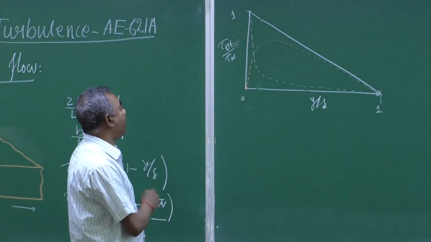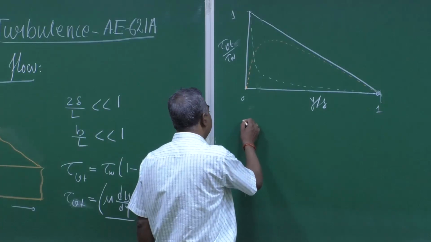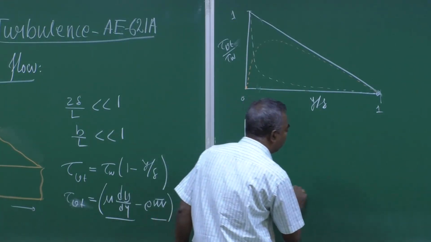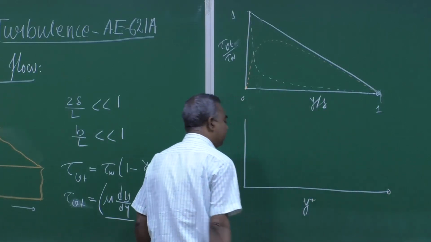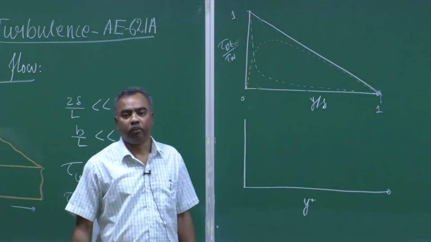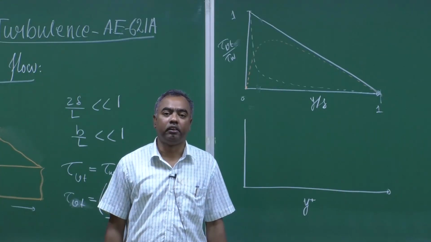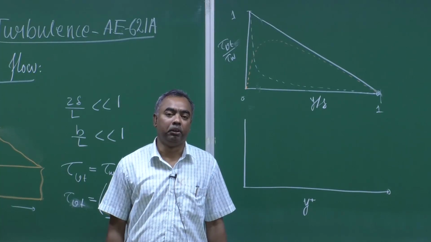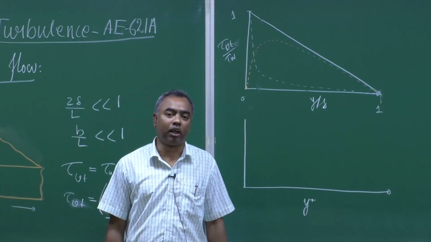Now, this is in y by delta scaling. Now, if we plot this same thing with respect to our inner scaling, okay. Inner scaling means, as we said in the last class, since the near wall activities are dominated by viscous stresses, we found appropriate velocity and length scales near the wall, those are viscous scales.